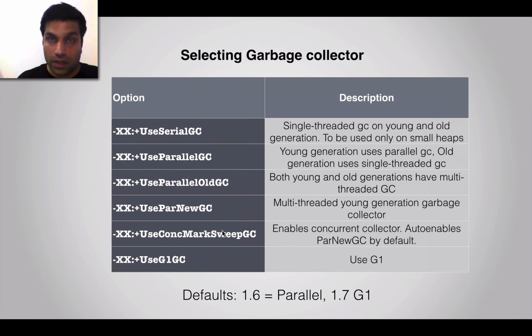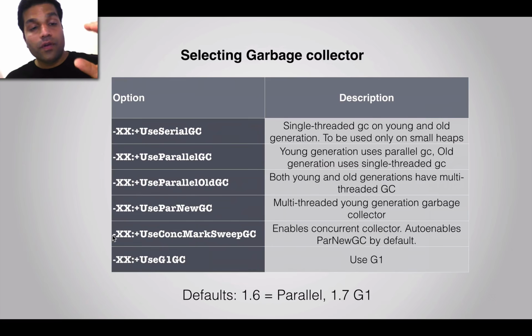And then UseConcurrentMarkSweepGC. This is the concurrent garbage collector, as I said, which is the low latency garbage collector. And as you can notice, this happens only in the old generation. So concurrent mark sweep GC is only for the old generation, and that's why you have a combination of UseParNewGC and UseConcurrentMarkSweepGC, which can be used if you want to have parallel GC running in the young generation and concurrent mark sweep running on your old generation.